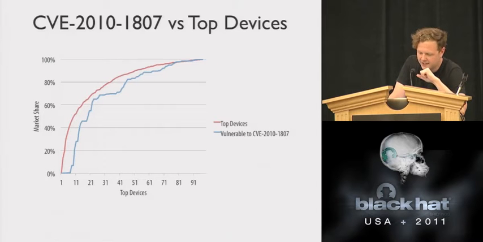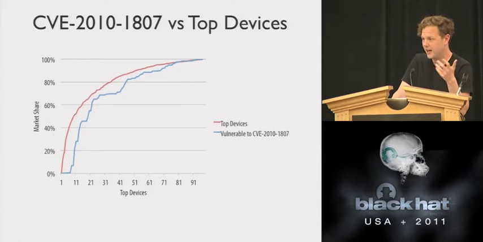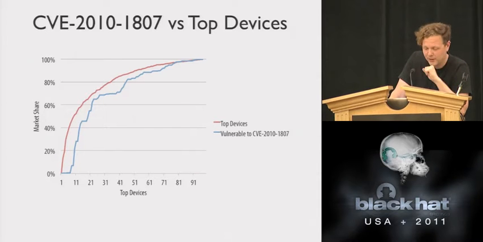If we look at CVE 2010-1807, then one of the interesting things here is that we're looking at the ratio of 2.2 to 2.1 and earlier, the way that we're looking at things, and it does track fairly well below. So across the board there are pretty much fewer devices in the market that are running these builds.